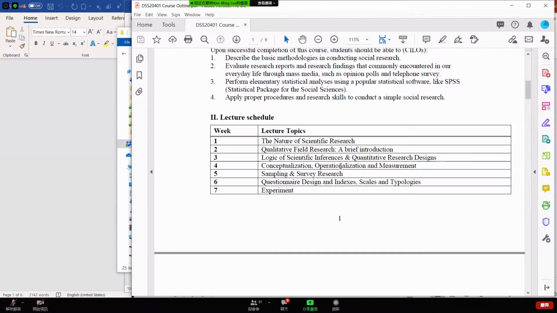Then indexes, scales, and typology: when we try to measure, for example, political participation, whether he or she has a high or low level of political participation, we are constructing some kind of index or scale to measure the magnitude of their political participation level.